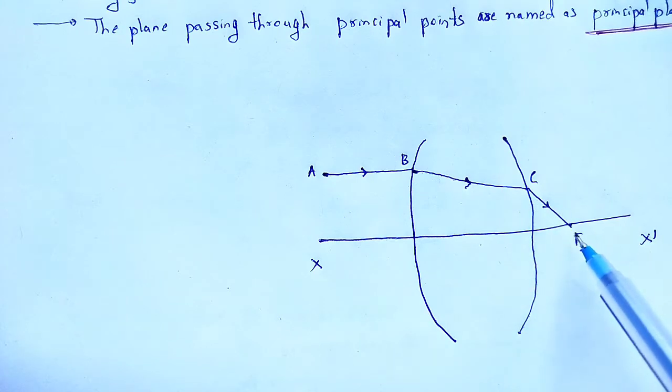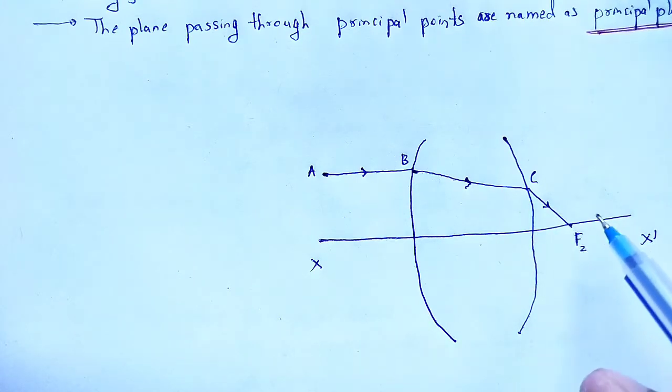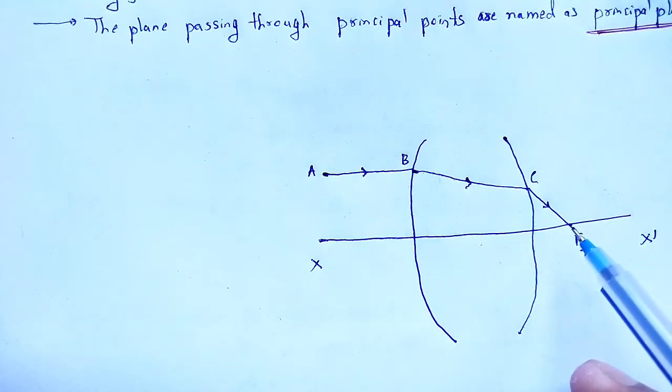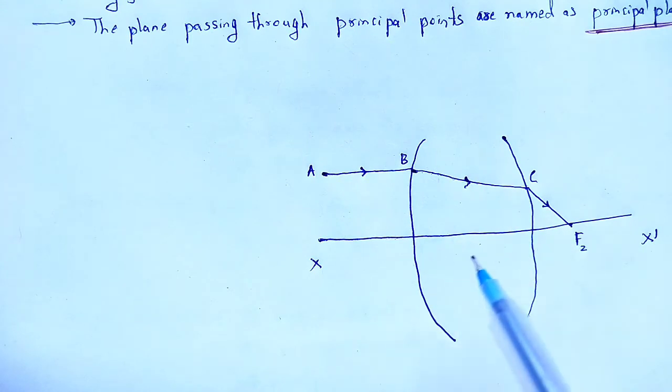That ray meets the point F2, which is called the second focal point, as we discussed earlier.